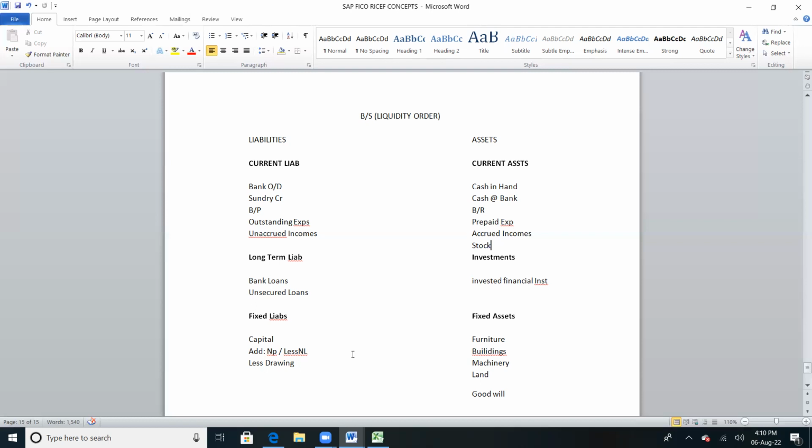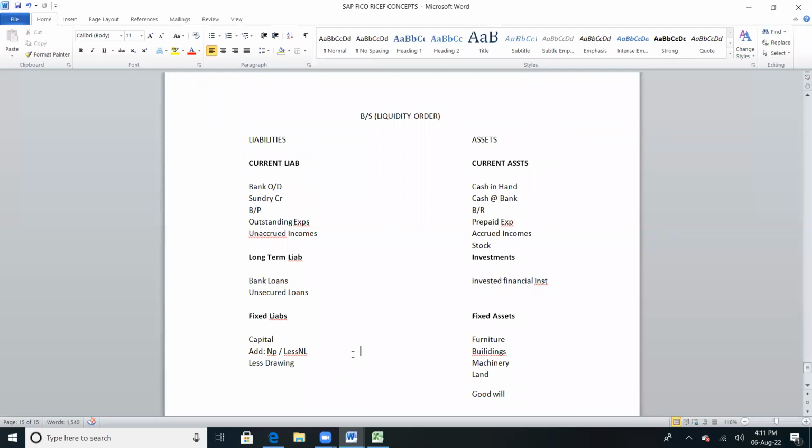Naveen: Does the sole trader compulsorily need to follow the liquidity order, or can he follow the permanent order also? No, because this permanence order, as per Companies Act 1956, has to be prepared for companies.